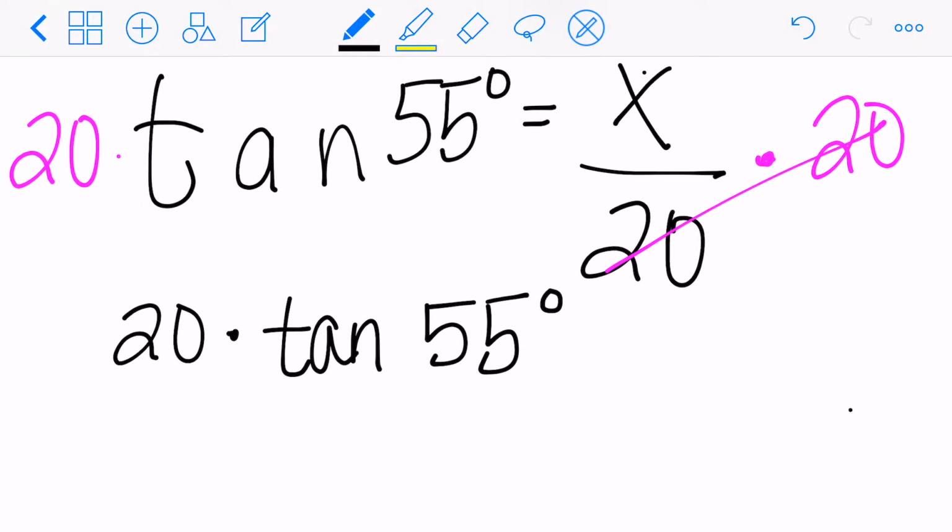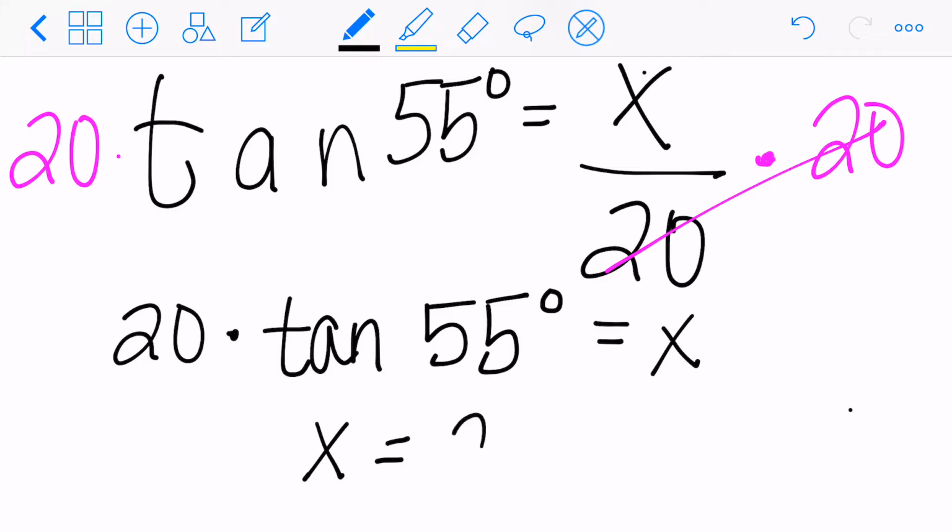All right, so in our calculator, we're going to type this in just as is. You're going to push 20, and then go to the tan button, not the inverse, just tangent, and say 55. And then I got x is equal to... does it tell us to round to the nearest something? It says to the nearest tenth.